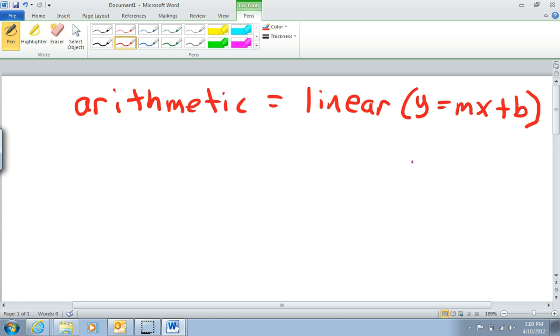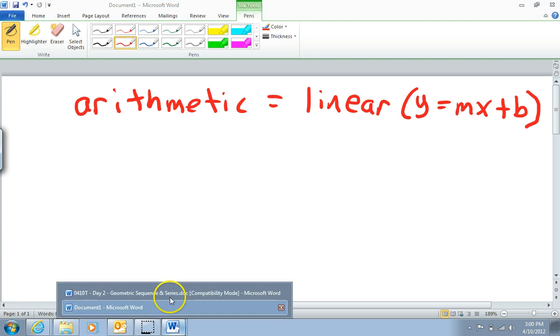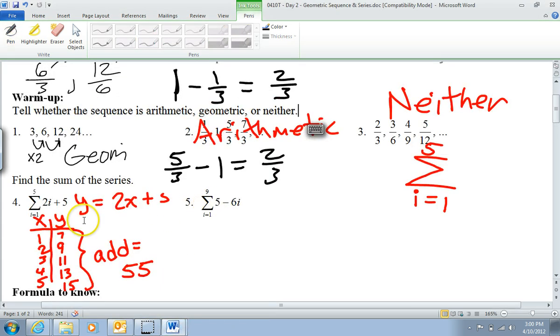In other words, y equals mx plus b. So when you see 2i plus 5, can you look at that and kind of see mx plus b? When you see that it's linear, like 2i plus 5 is linear like mx plus b, that's how you know it's arithmetic. If it's linear, it's arithmetic.